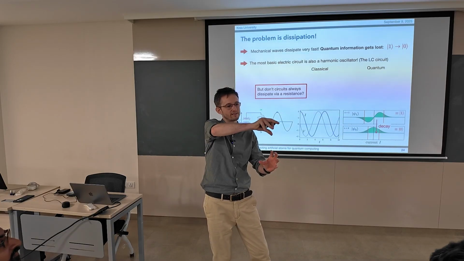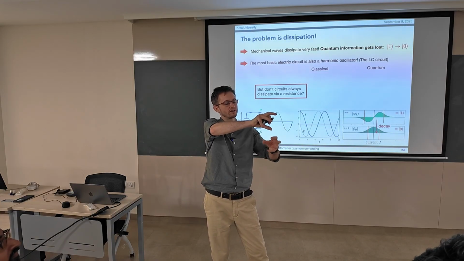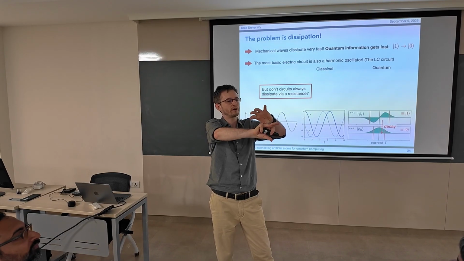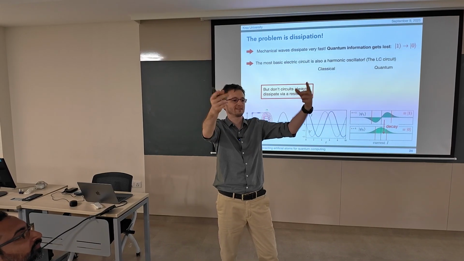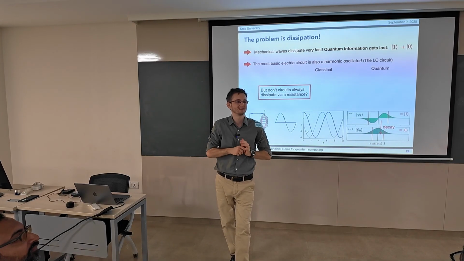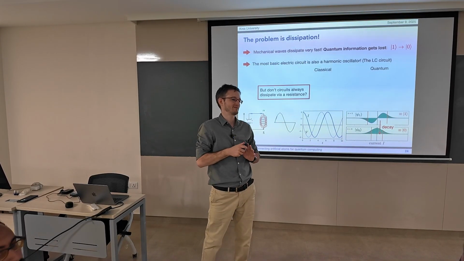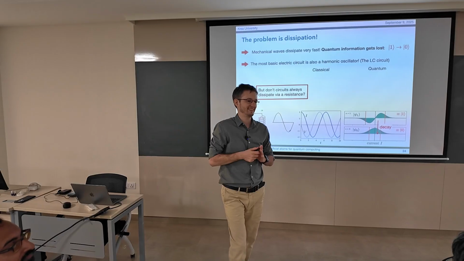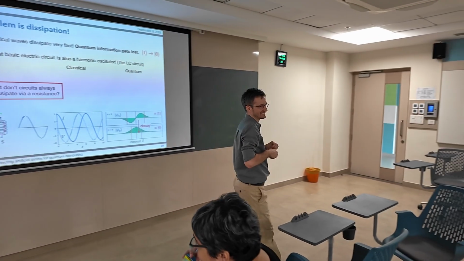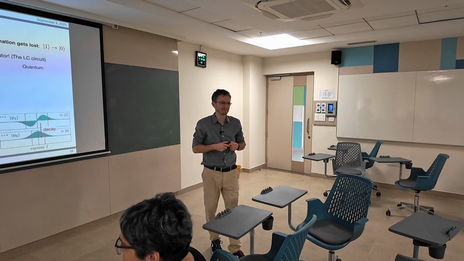You add another device, and that qubit, depending on its state, is going to affect your other device slightly in one way or another, and then you can measure that property on that device, and there you measure your state.